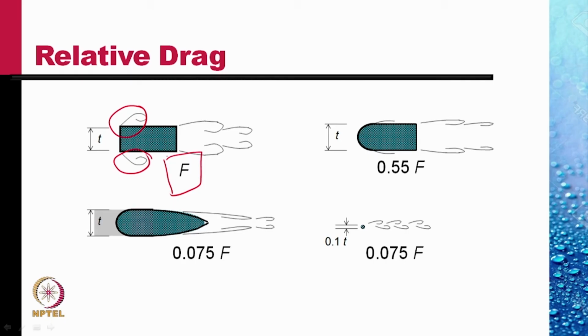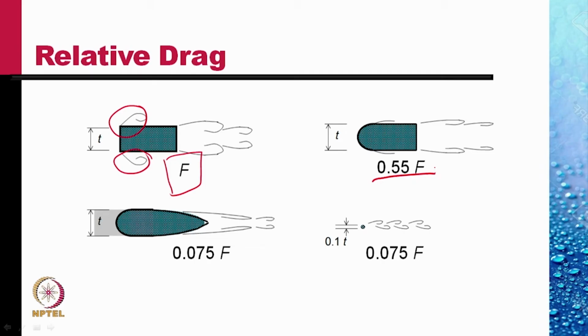In the next case, we have just rounded the nose. And when we round the nose, the flow does not separate at the edge like in this case. So the wake is narrower and the drag is about half of what it was in the first case.